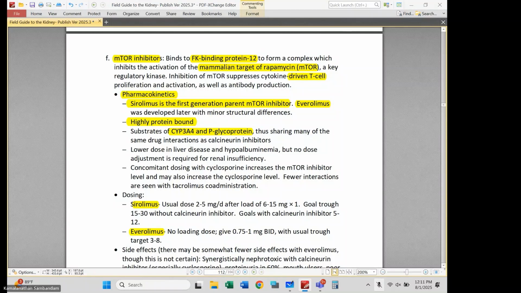tacrolimus and cyclosporin. I hope you remember that cyclosporin is unique in inhibiting P-glycoprotein, which makes it unique and predisposed to more interactions with, for instance, mycophenolate.